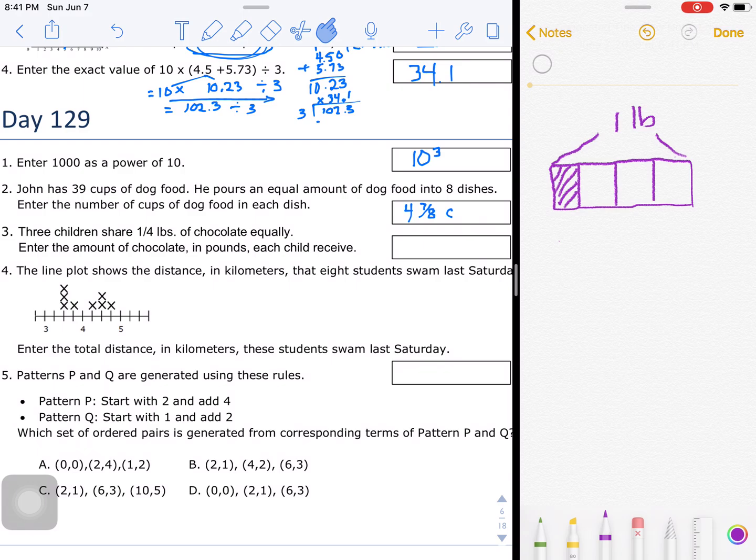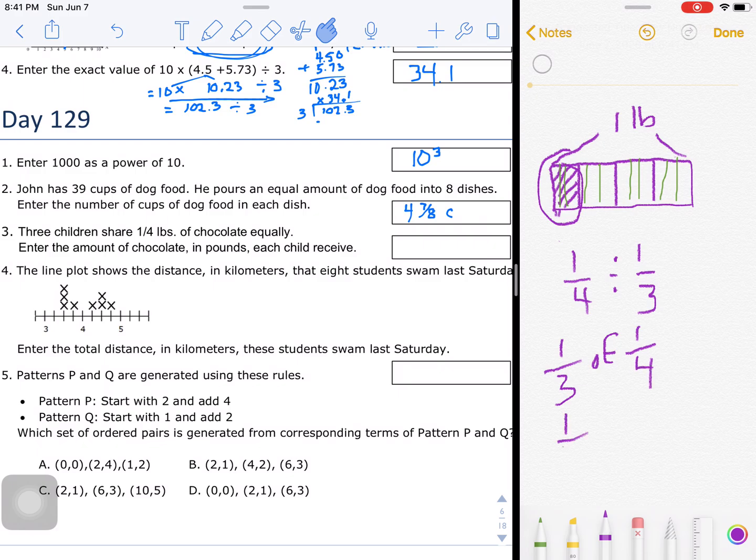amongst 3 kids, right? So we want to know how many 1/3s are there in the whole pound. So basically, what I like to think of is I take this 1/4, and I'm looking to find out what is 1/4 divided by 3, or what is 1/3 of 1/4.